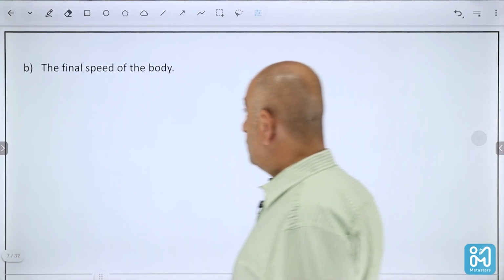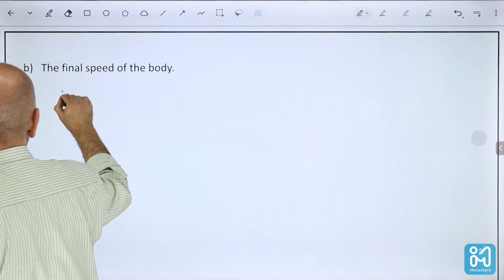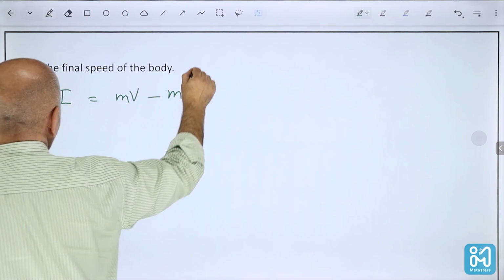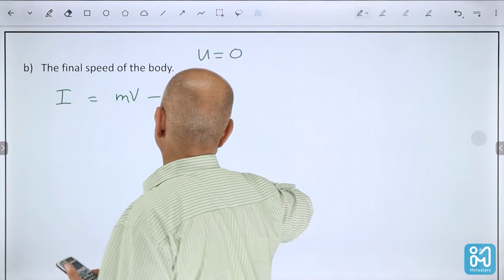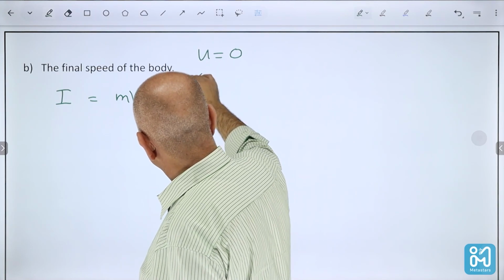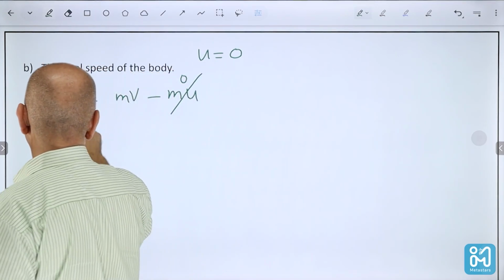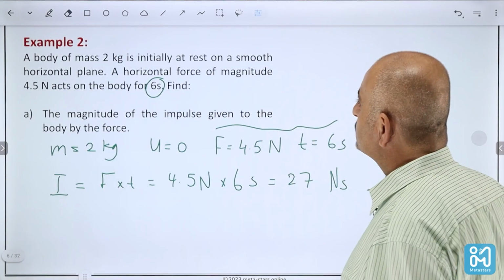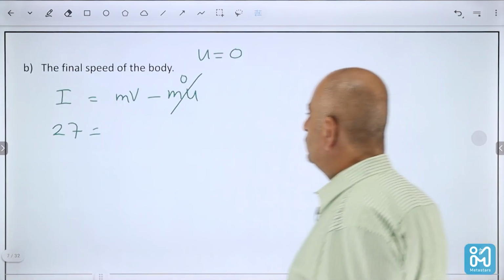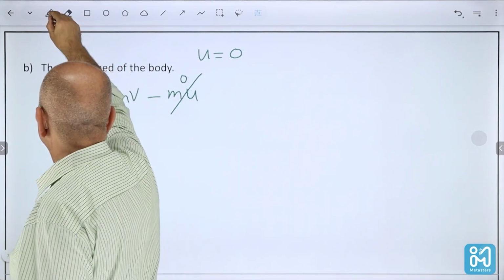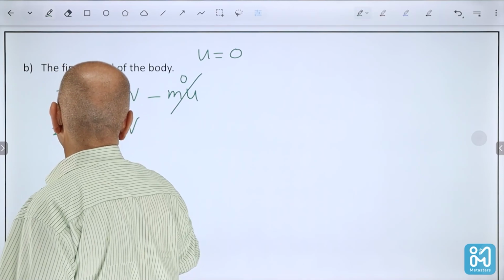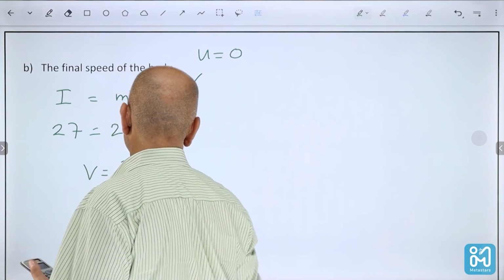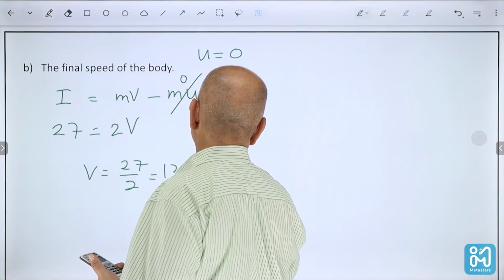We need the final speed. I have learned earlier that impulse equals change in momentum, and I have learned from the question that the initial velocity was 0, so the initial momentum is 0. Impulse was 27, and the mass is 2 kilograms, times v. So the final velocity will be 27 over 2, which is 13.5 meters per second.